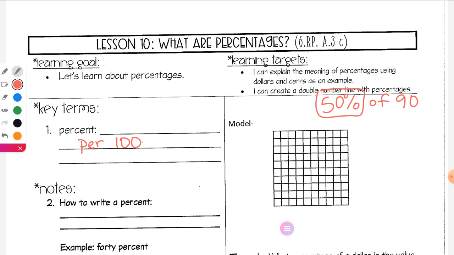Okay, you know 50% is what fraction? 1/2. So half of 90, we know of is multiply. 1/2 times 90. Is that a math problem we know how to solve? Yes. Okay, so in percentages, pretty much everything we've learned about fractions and decimals all kind of comes together.